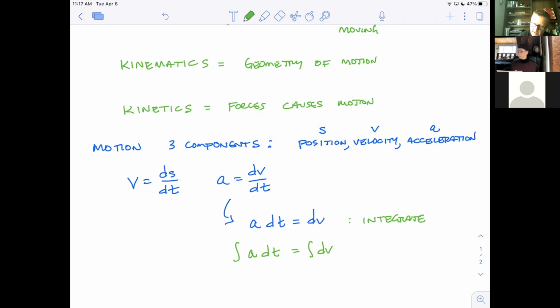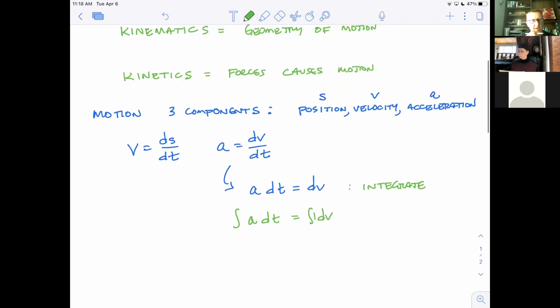There's a 1 in there, I guess you could say. But if you take the integral of a, thinking of a as a constant, and I need to point that out, if I take the integral of a constant, like the integral of 5 with respect to t, doesn't it just grow a t, if you will?